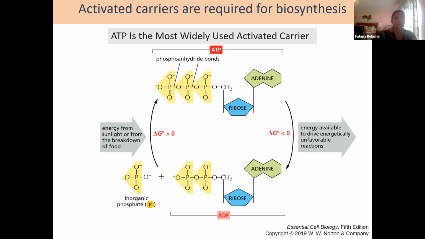So the delta G itself looks at the free energy in the environment, and the delta G naught, you can think about that as the energy that is inside the reaction or inside the reactants and products themselves. Does that clarify that difference between delta G and delta G naught?